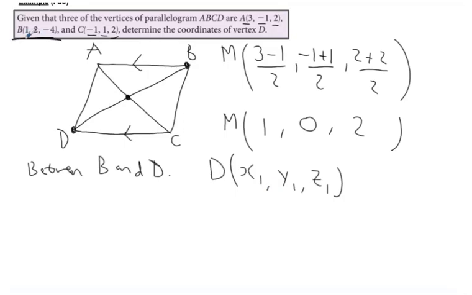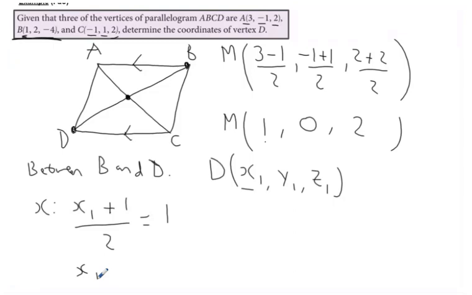So if we think about the x bits, we know that the x coordinate of B plus the x coordinate of D, if we add them together and divide by 2, we must get the x coordinate of the midpoint, 1. So x1 plus the x coordinate of B, which is 1, over 2 must equal the x coordinate of the midpoint. So that must mean x1 equals, well, you times by the 2 and you take away 1.